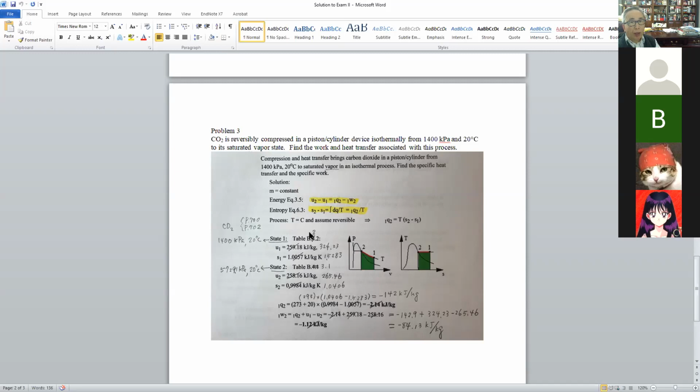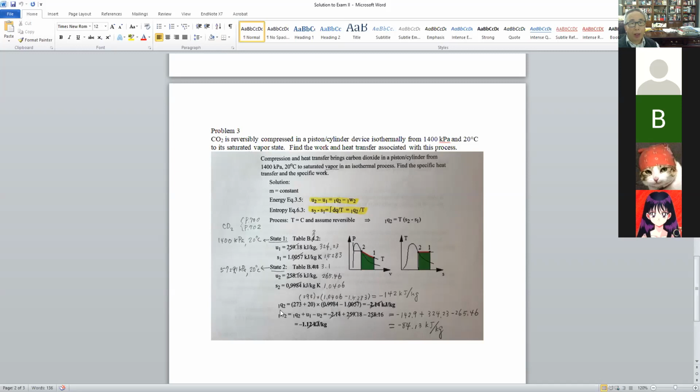And we have 2 unknowns to be answered. We have 2 equations. Properties can be found, and we can also find them from the saturated table, because the ending state is saturated vapor. So we dig out the numbers from the saturated table. Pretty straightforward.